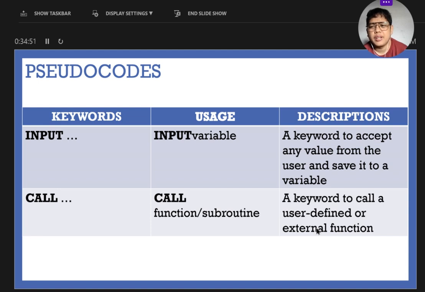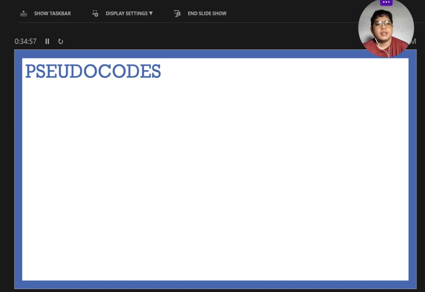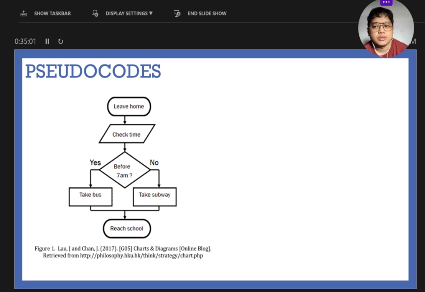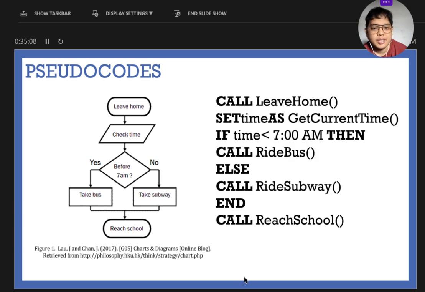So these are some examples of the set of conventions in writing pseudocode. Now looking back at our flowchart example from before, this is how pseudocode is done. For you to understand pseudocode better, let us use this sample flowchart.